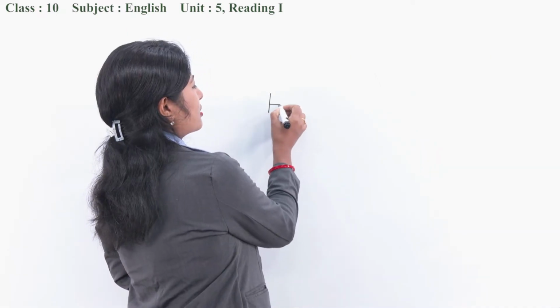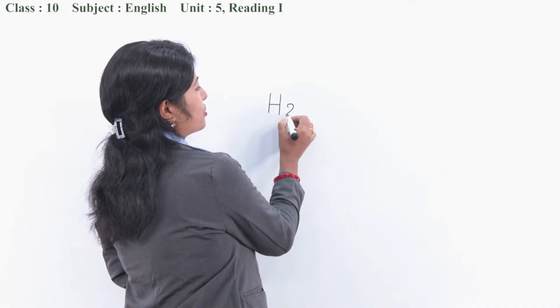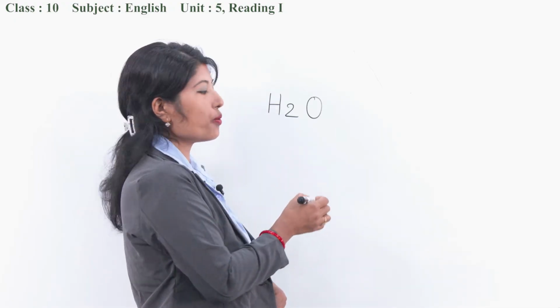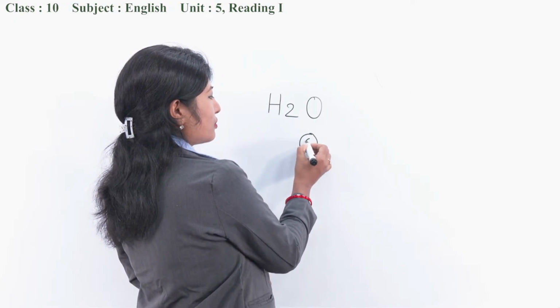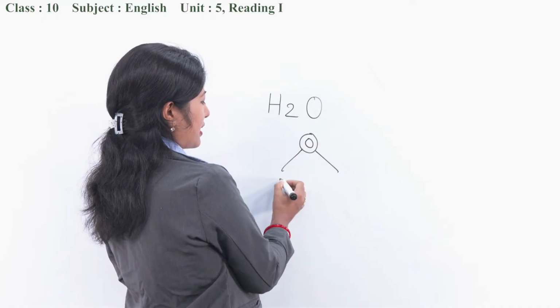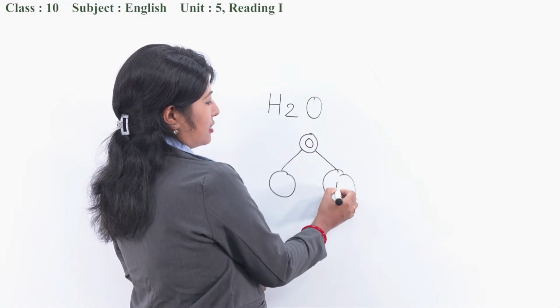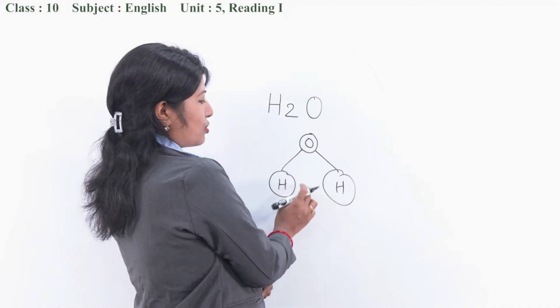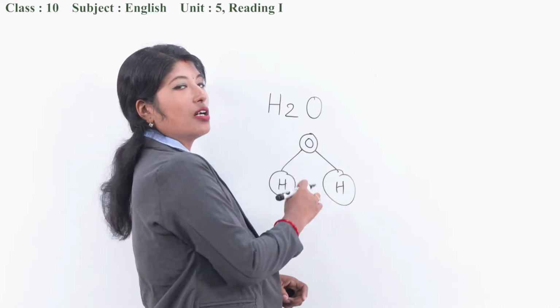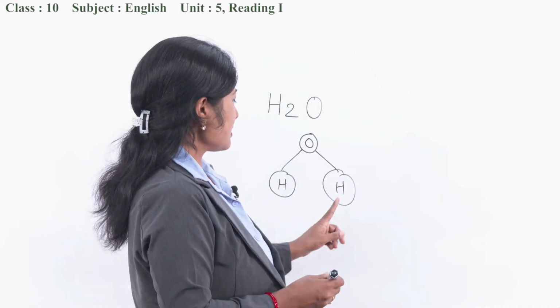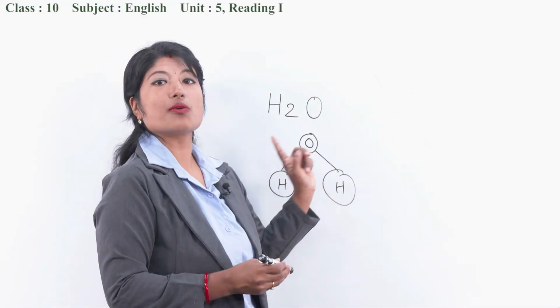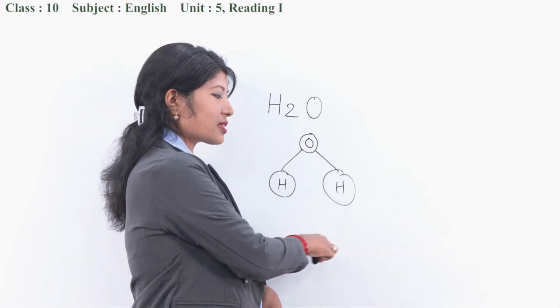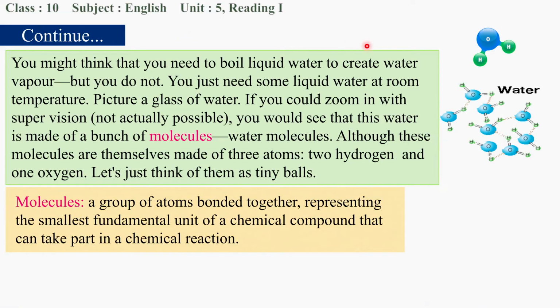How do we write water in formula form? H2O, right? It is made of one oxygen, O, and two hydrogen, H. These are separate atoms, and together they form a molecule.